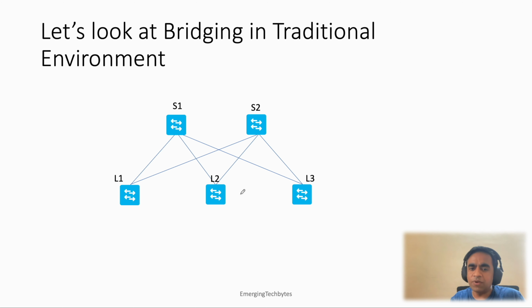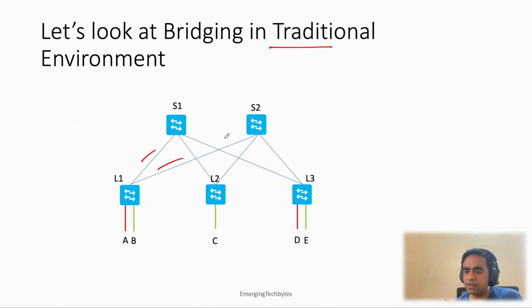But for now, let's just see that we have this network connected with leaf and spine topology. There is no EVPN for now. It is traditional, and all these links are layer 2 links, and I have, let's say, two VLANs, red and green.